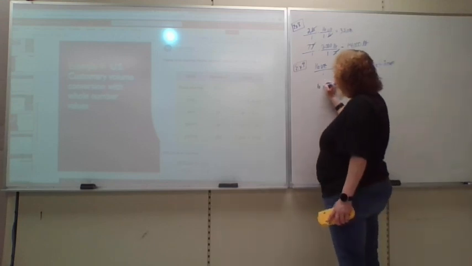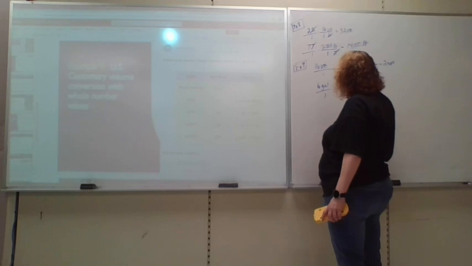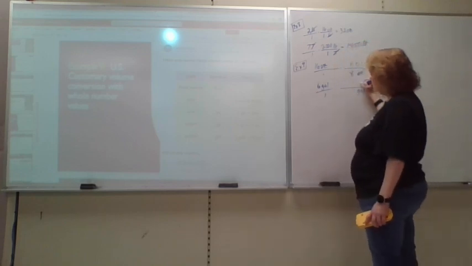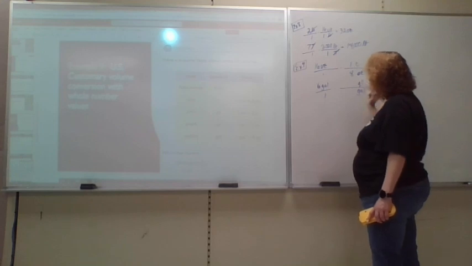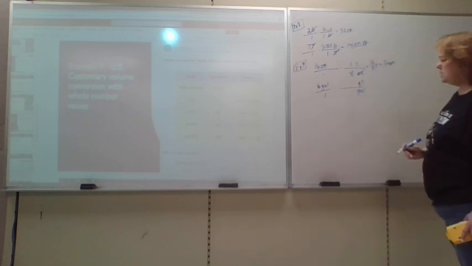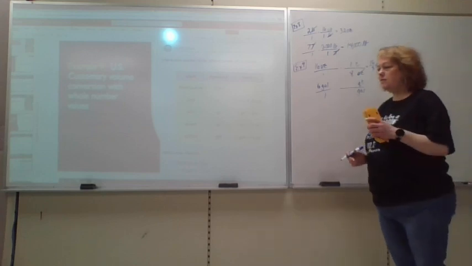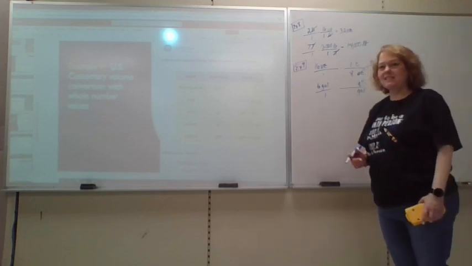Now we have 6 gallons over 1 on the bottom, and we're going to convert it to quarts. So which one of these is going to help me? Or also you can think of the story of King Gallon that had the 4 queens.